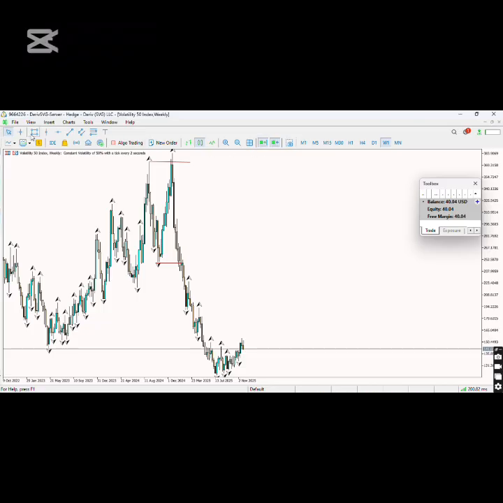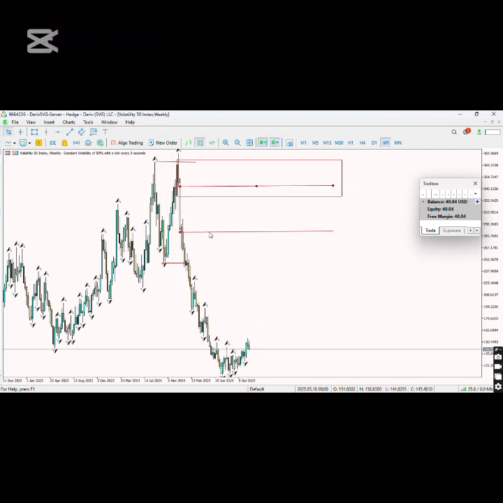So after this, you can see we have this order block right here, supported by this weekly fair value gap. So as the rule says, identify the trend direction, major liquidity, imbalances, and OBs.